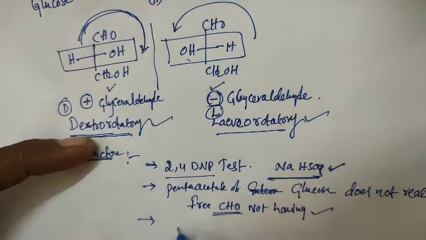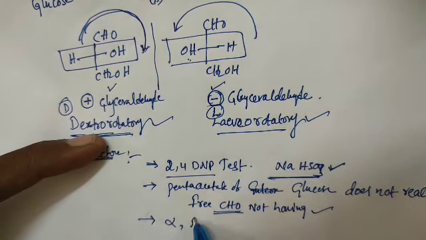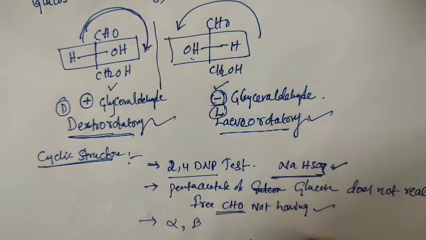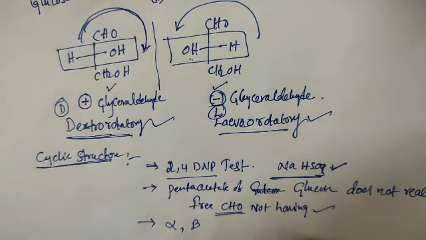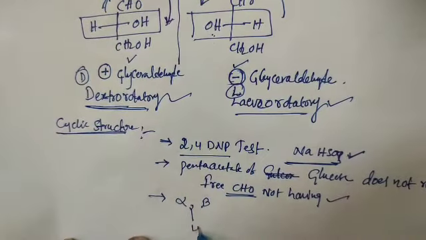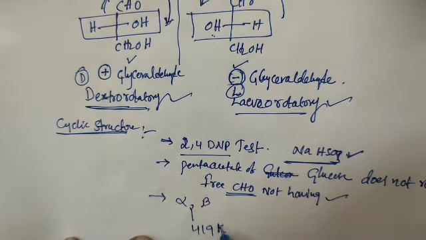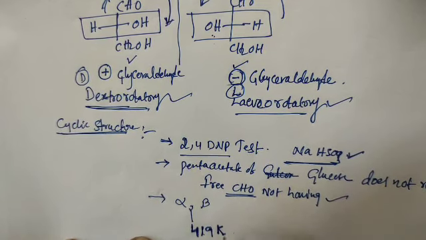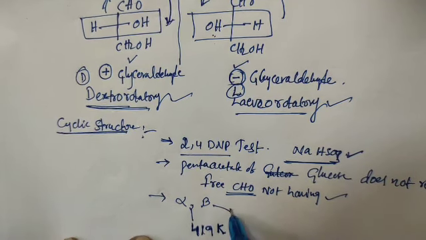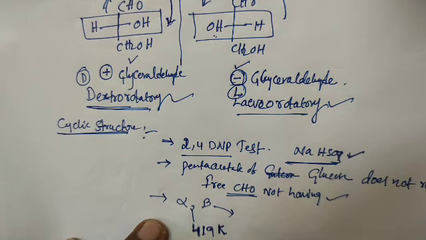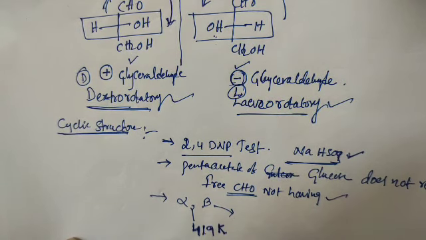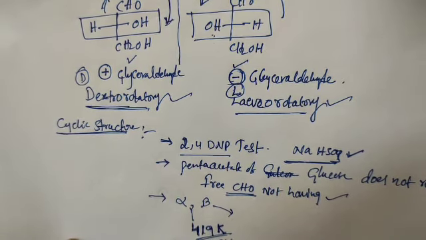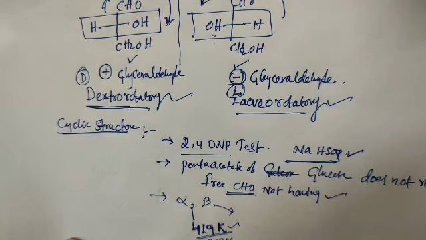The alpha form of glucose has a melting point of 419 Kelvin, and beta D glucose, obtained by crystallization from concentrated glucose solution, melts at 303 Kelvin. This is one drawback.